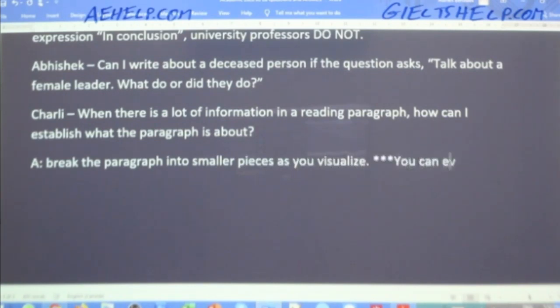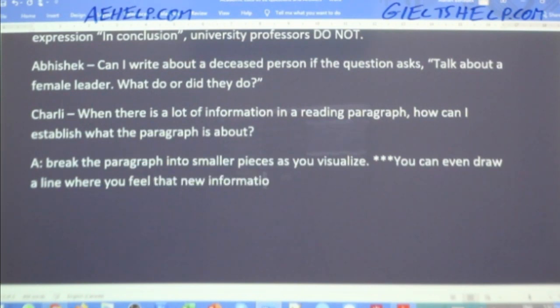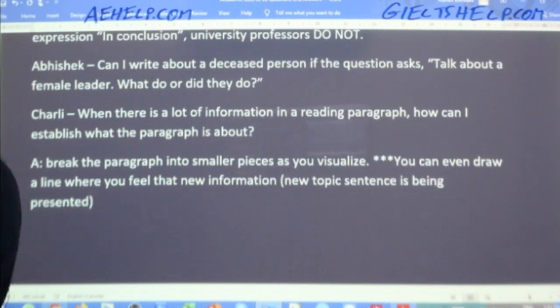You can even draw a line where you feel that new information, almost like a new topic sentence, is being presented, on your actual exam paper.